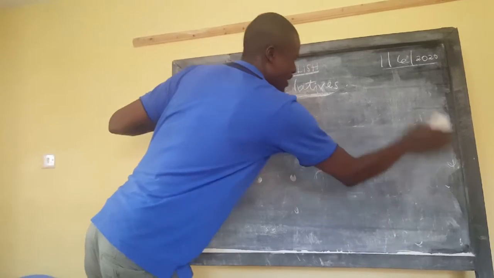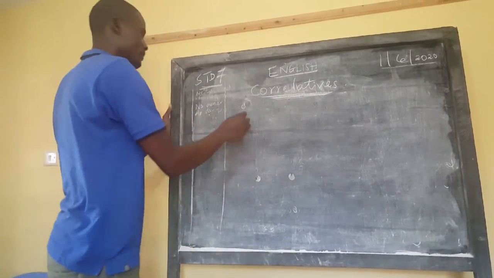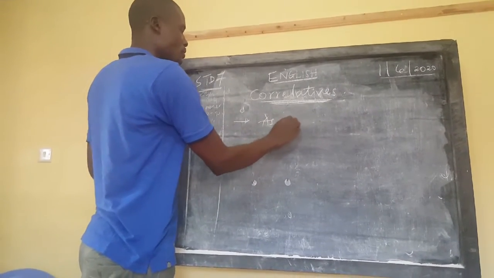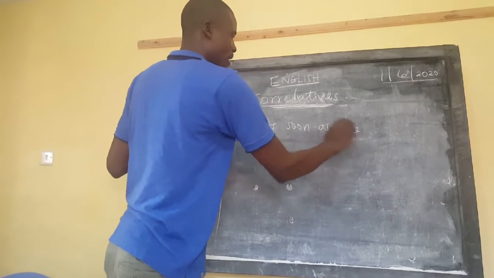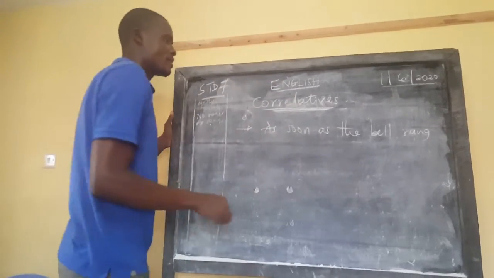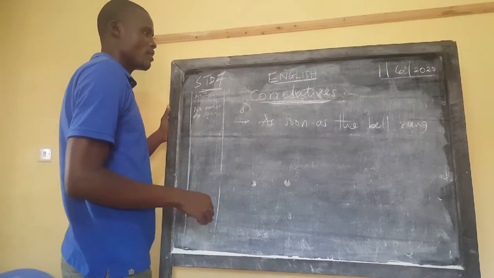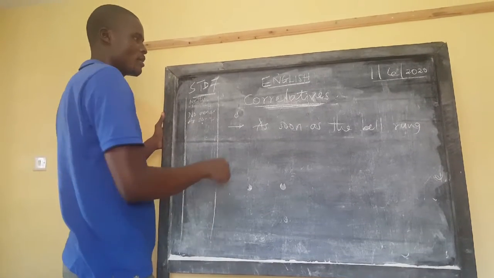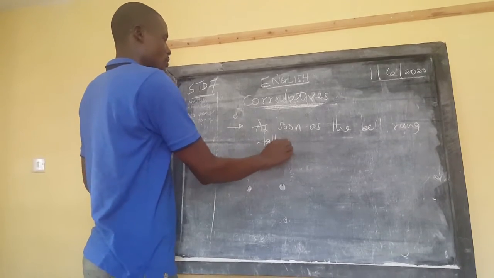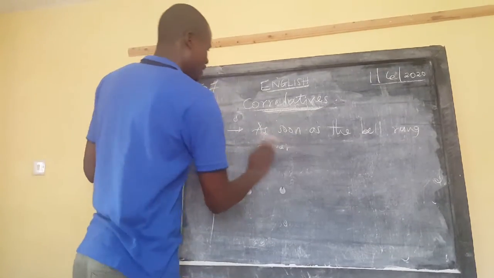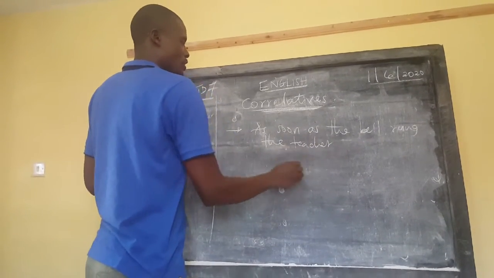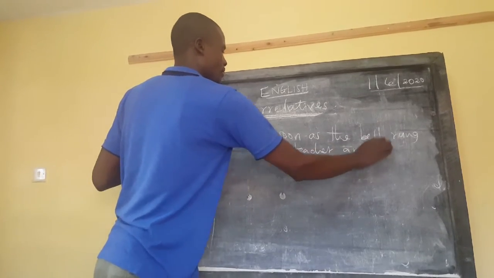Before I wrap it up, I mentioned "as soon as." If you get that, it also means the same as "no sooner." As soon as the bell rang, the teacher arrived.